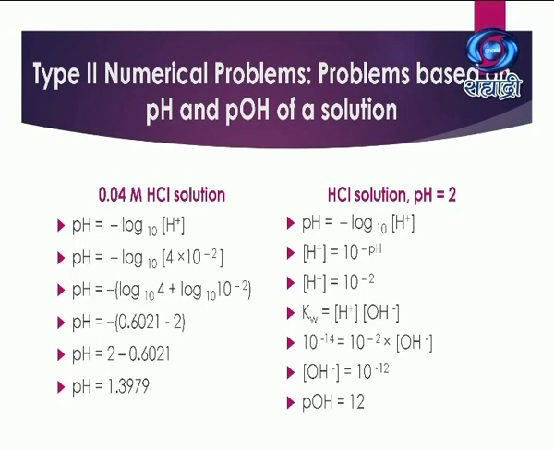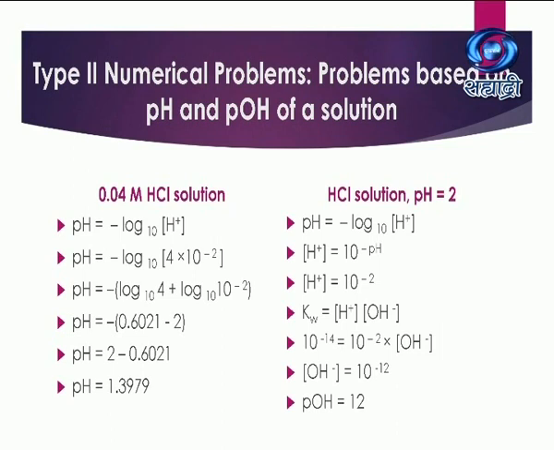Now keep the negative sign outside and split the log term. So pH is equal to minus sign outside, into bracket, log 4 plus log of 10 raised to minus 2. Now log 4 according to the log table is 0.6021 and log of 10 raised to minus 2 is simply minus 2, isn't it?